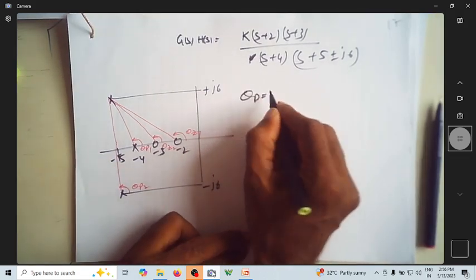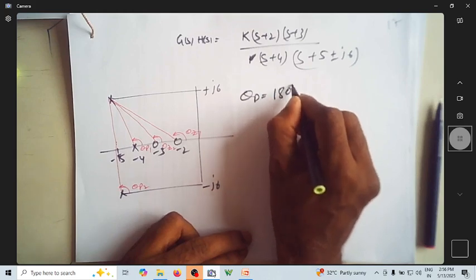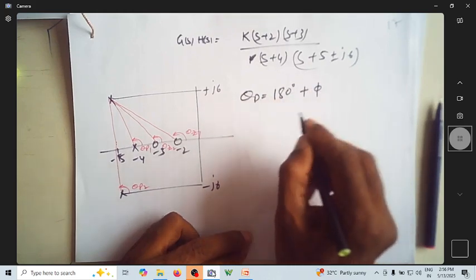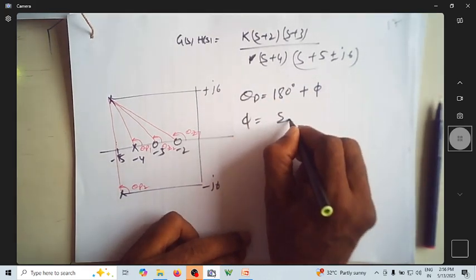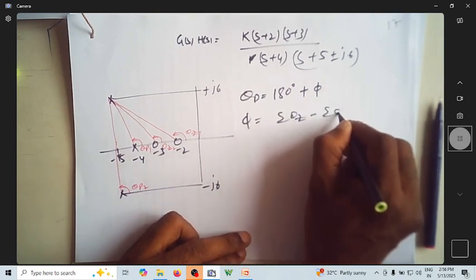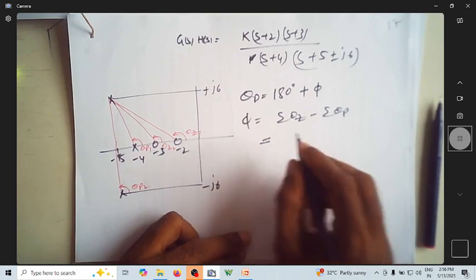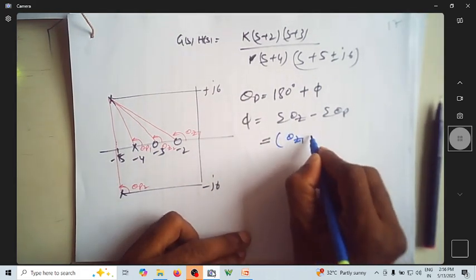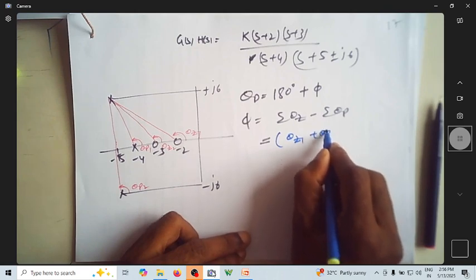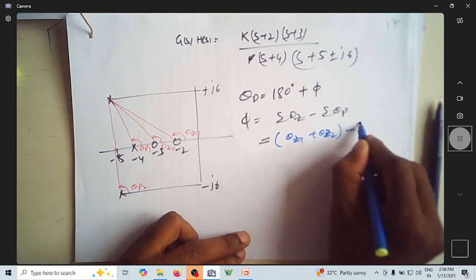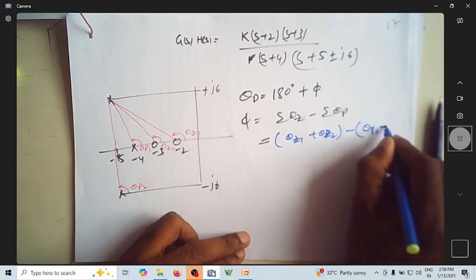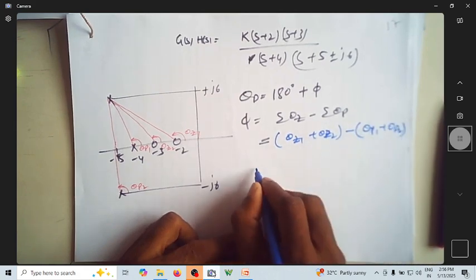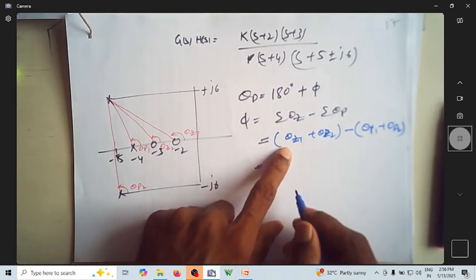Again, theta d is nothing but 180 degrees plus phi. Phi is nothing but summation of theta Z minus summation of theta P, which is nothing but, so you have theta Z1 plus theta Z2, and this is theta P1 plus theta P2. How much is this theta Z1?